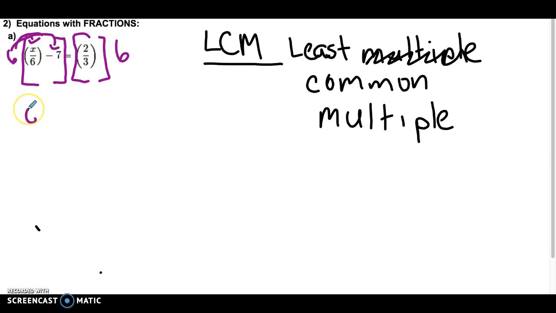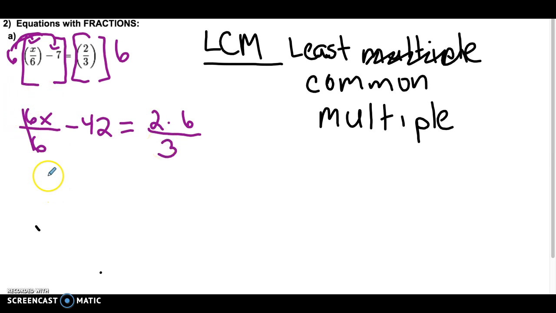So if there's more than one term, all those terms get multiplied by 6. So this is going to be 6x divided by 6 minus 42 equals 2 times 6 divided by 3. So these 6's can cancel. So 6 divided by 6 is 1.